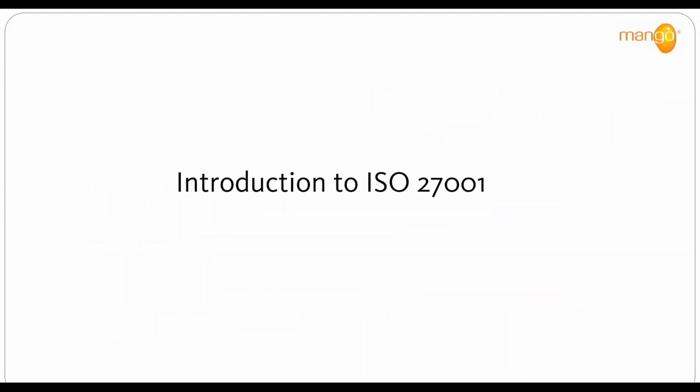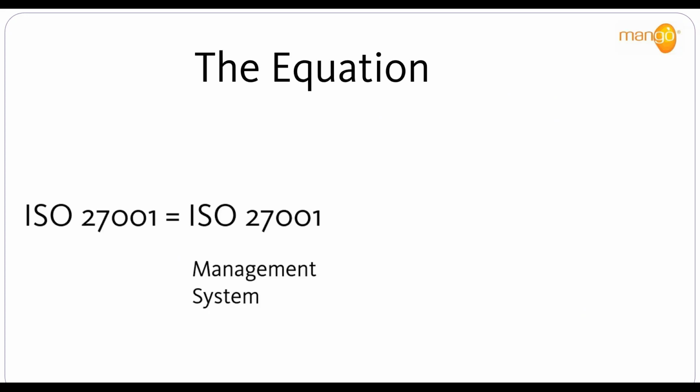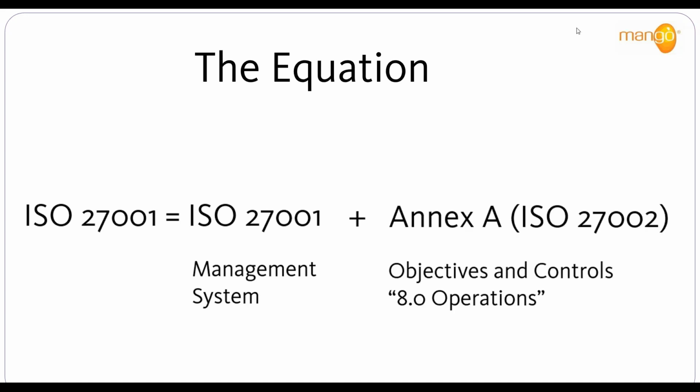Just a quick overview of what 27001 is. Some of you might already know this, but basically 27001 is two things. There's the 27001 itself, which is the management system, and it has this thing like an annex. The annex is sort of the second part of the standard.